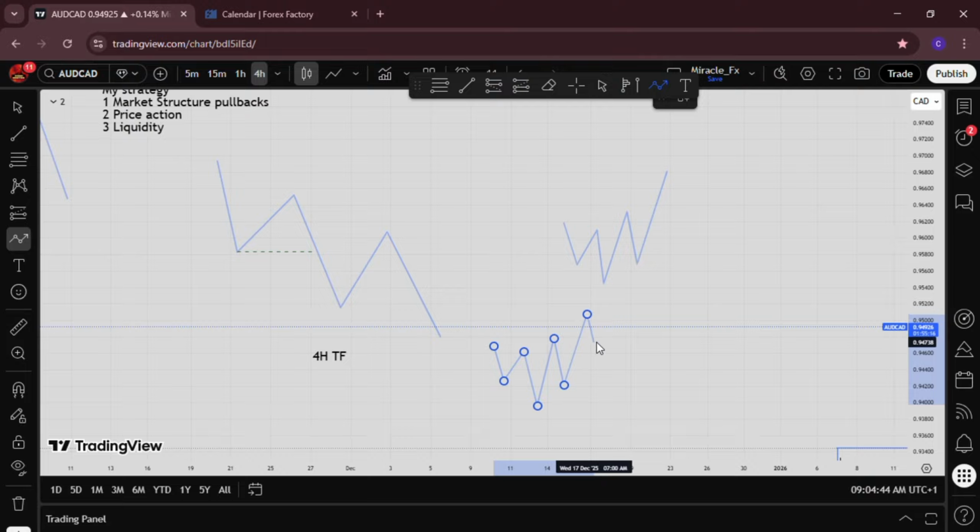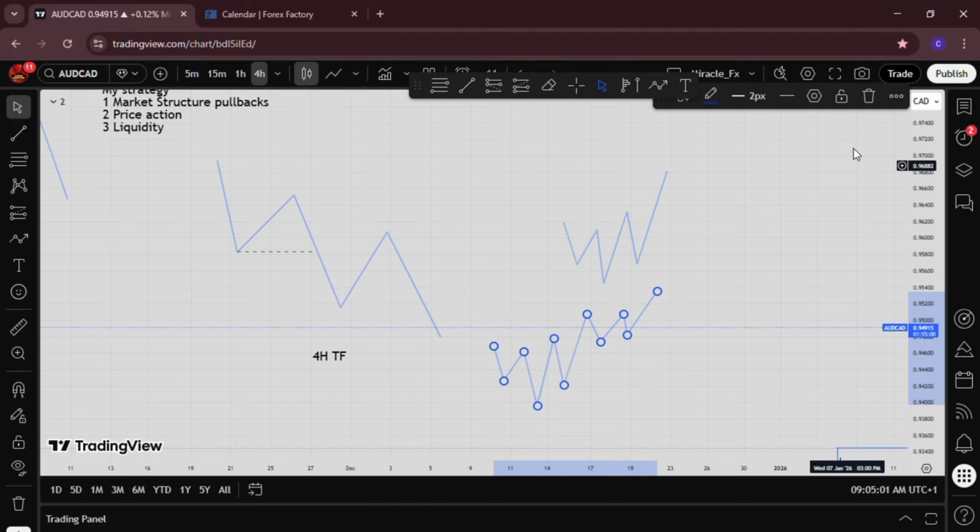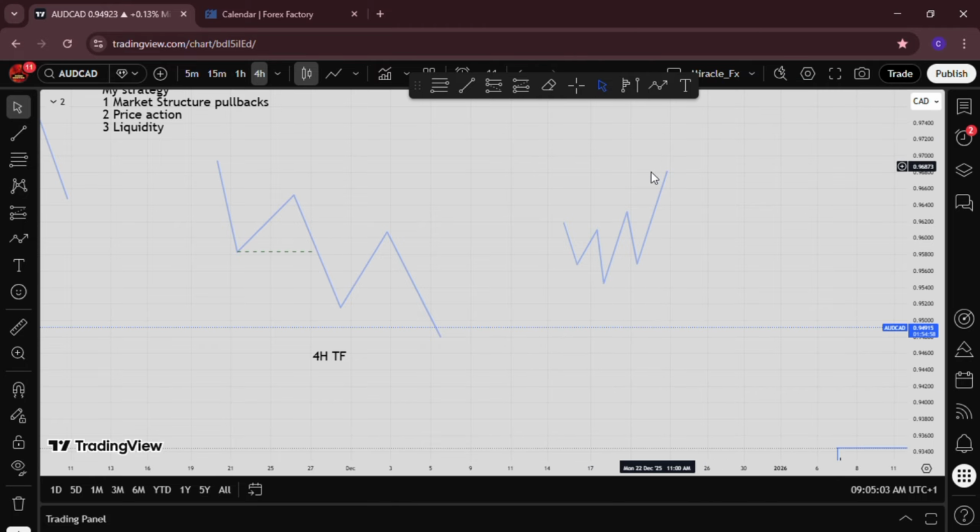If it moves, gets somewhere, retraces back, I take another position, waiting for price to get to my take profit. Once it gets to my take profit, I close all the trades. That's how I scale up in a single position, in a single setup. Okay, so that's it. I'll give a chart example.